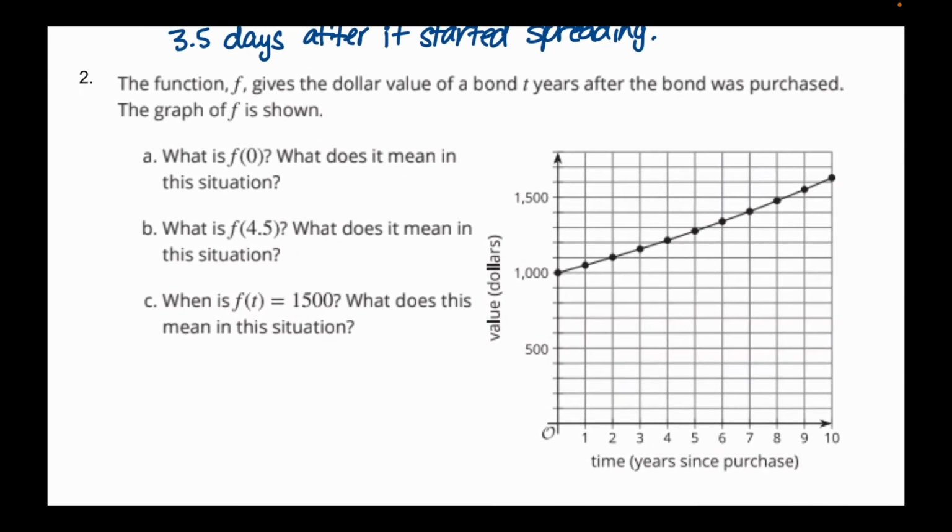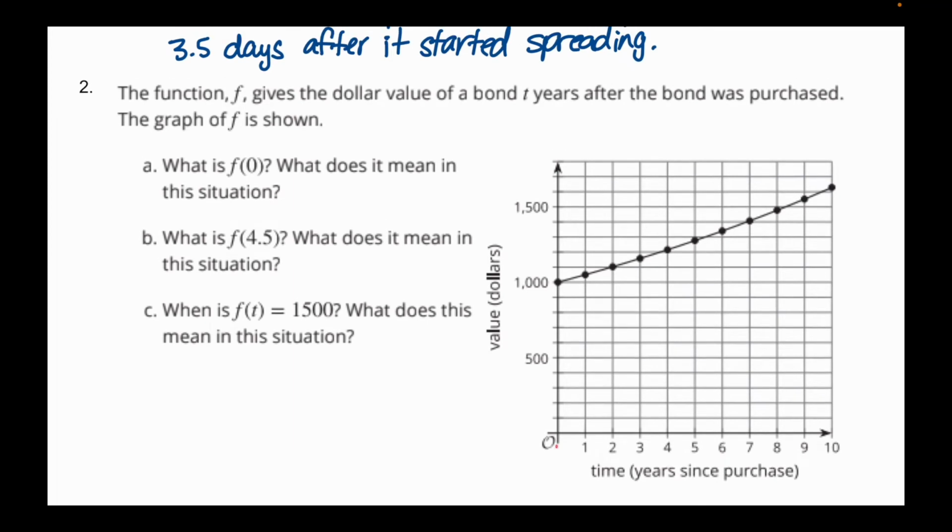What is f of 0? What does it mean in this situation? Well, f of 0 means look here and find this number, and that is going to be the amount of money that the bond was purchased for.